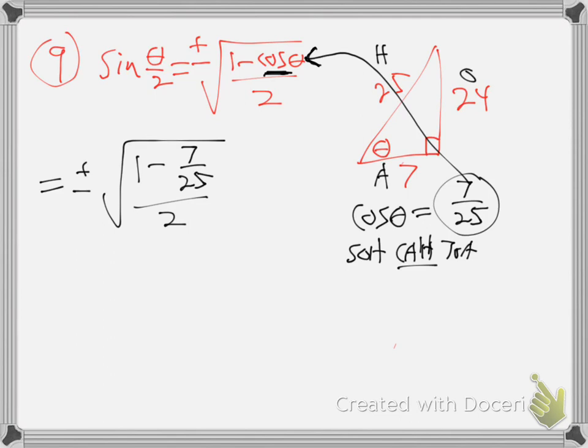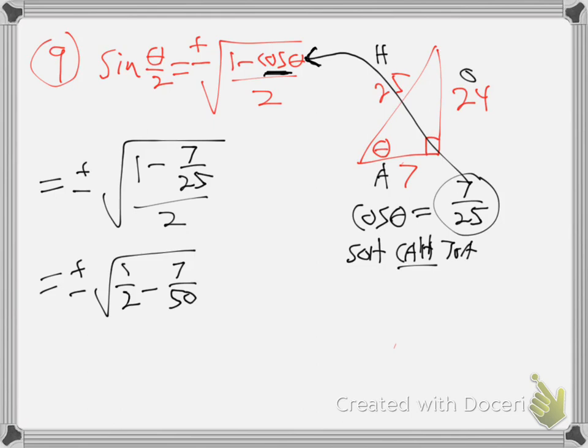So what are we going to do now to handle this complex fraction? Oh, no, we just need to work this out now. So that 2, that means they're both divided by 2, right? So it's 1/2 minus 7/50. Is that okay? See how I just divided them both by 2?